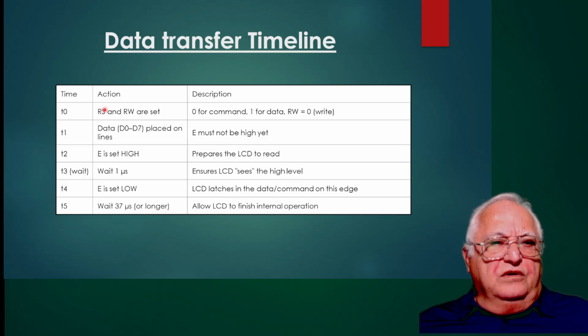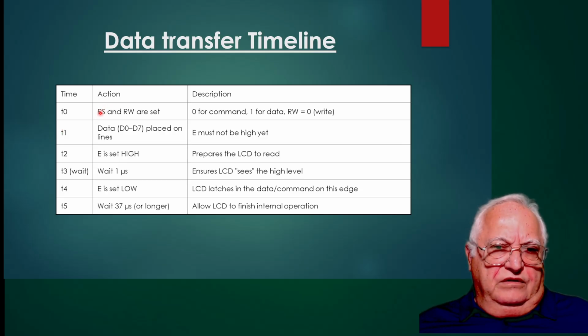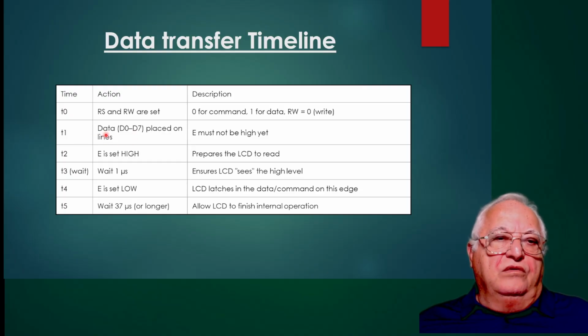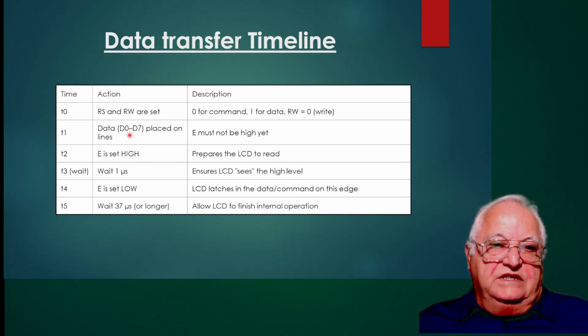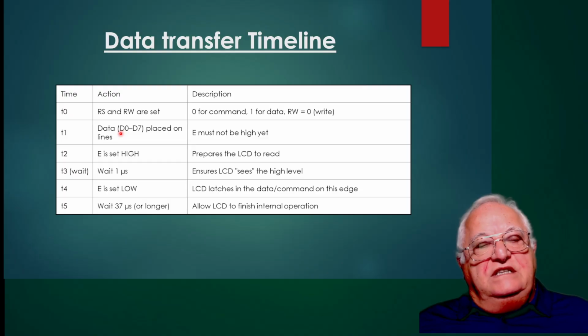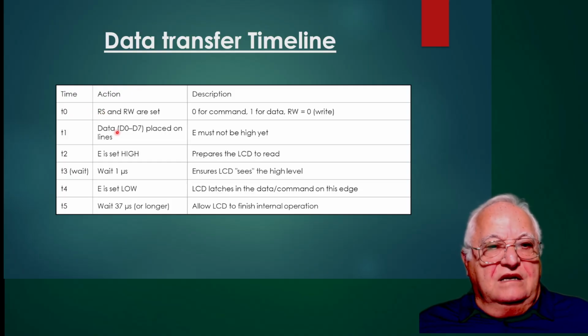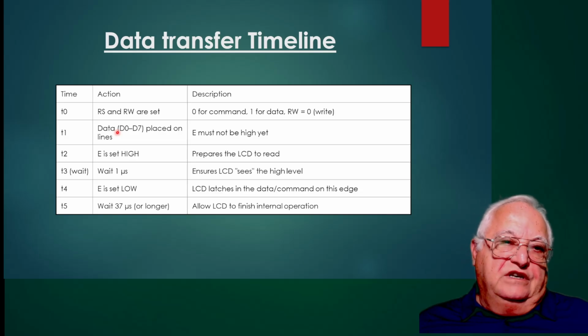So first we set data or command, then we place the information on the ports D0 to D7. You can select any port, could be C0 to C7; this defines data 0 to data 7, and it's not associated with our ports. So we say data or command, then we put the data into the register, a port in this case.